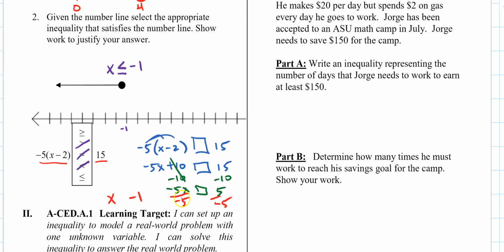Well, I divided by negative 5, so that means my inequality had to flip. I know that my final answer has to be less than or equal, so that means in the step before that, it had to be greater than or equal, and the step before that had to be greater than or equal. So those were all greater than or equal until I got to the last step where we got less than or equal, because that matches my graph.